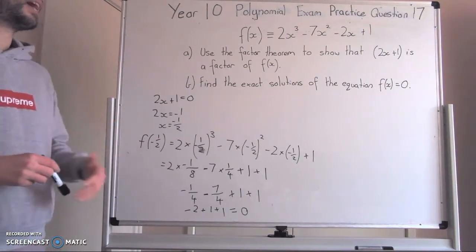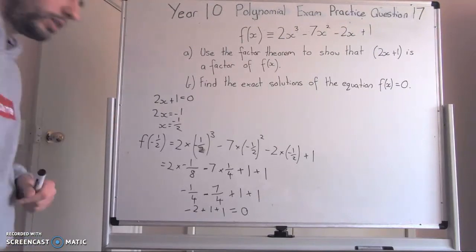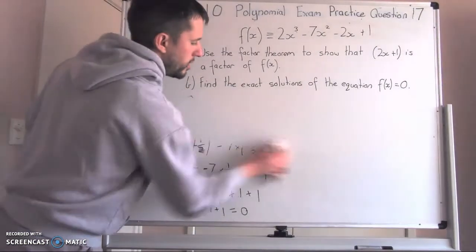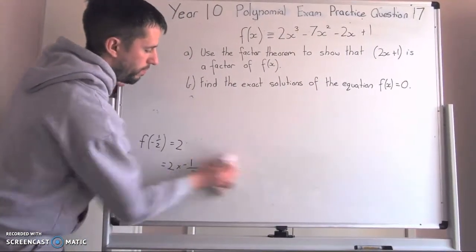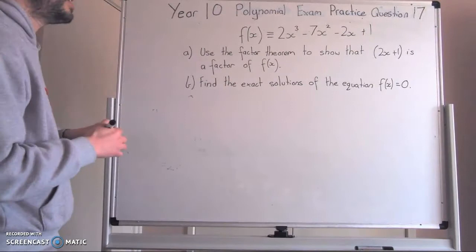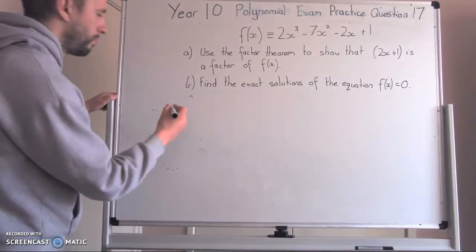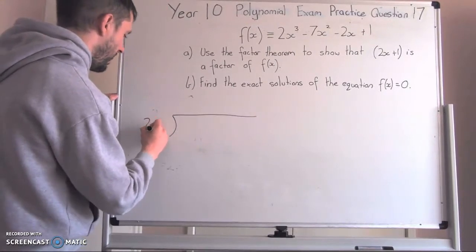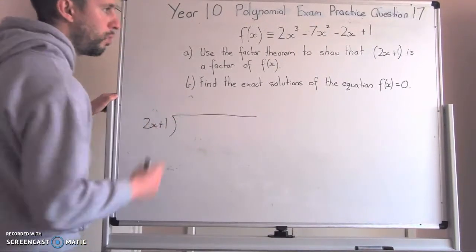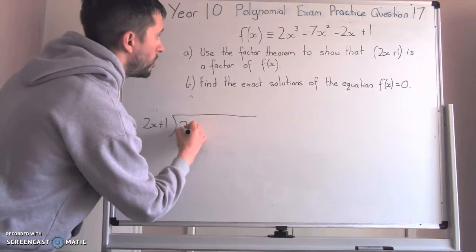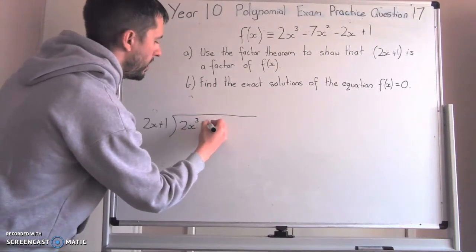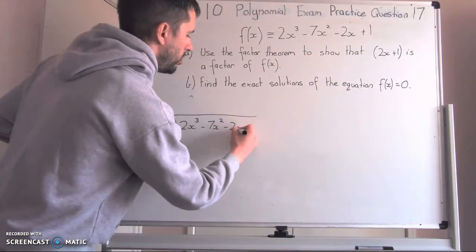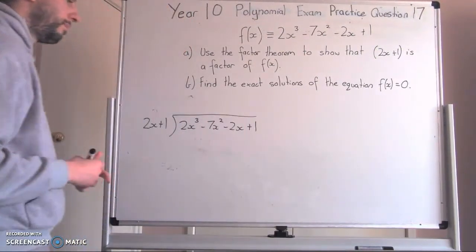To find the exact solutions, we need to first do long division, because we have a linear factor at the moment. So I know that we are dividing by 2x plus 1, and I have 2x^3 minus 7x^2 minus 2x plus 1.